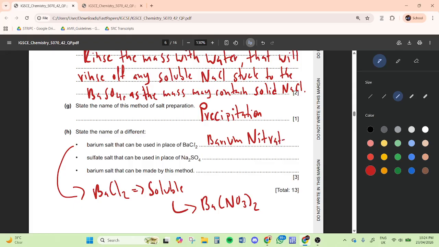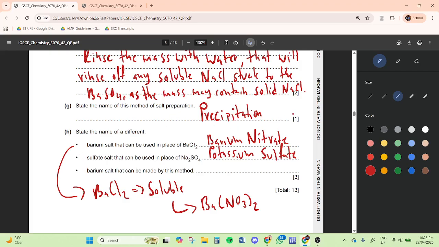Nice and simple. Next, a sulfate salt that can be used in place of sodium sulfate. Here you can put in any group 1 salt that you want. Obviously, you don't want anything that's too reactive or too difficult to find. So potassium sulfate is a nice substitute. And last but not least, a barium salt that can be made by this method.